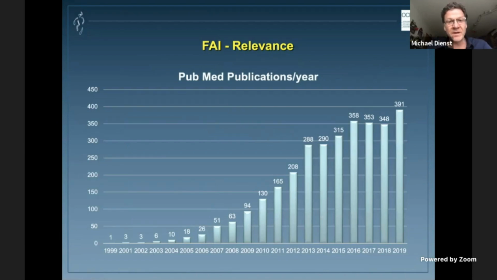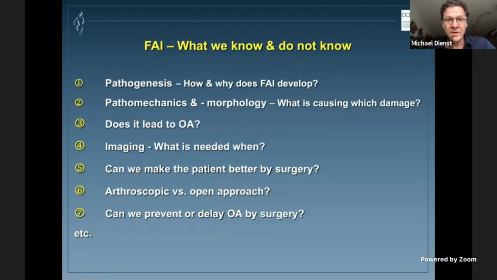There has not been anything else over the past 20 years, I think, which has influenced hip preservation surgery as much as FAI. When you look at the publications of the past 20 years, you see how dark the years previous to that must have been.